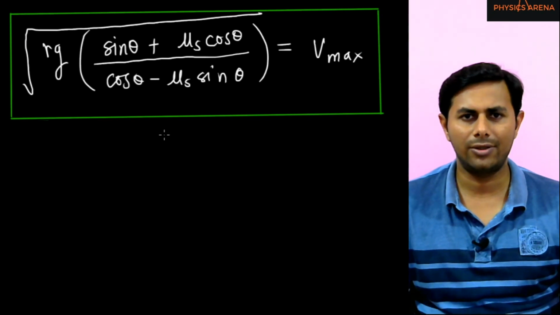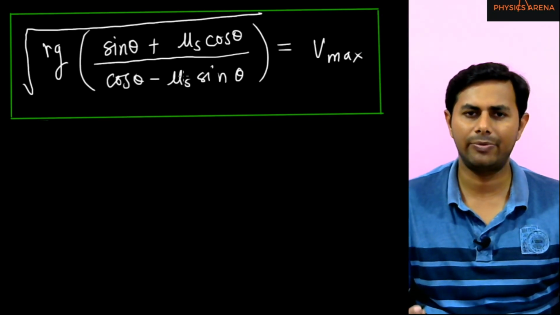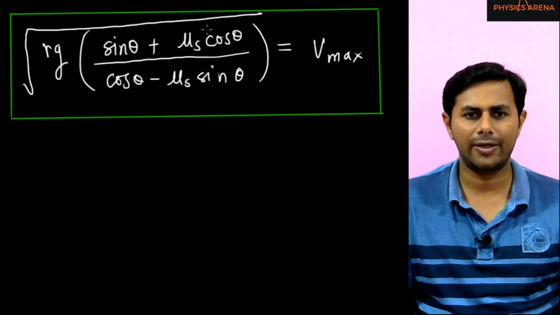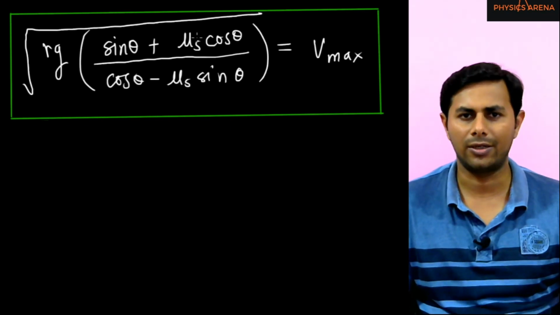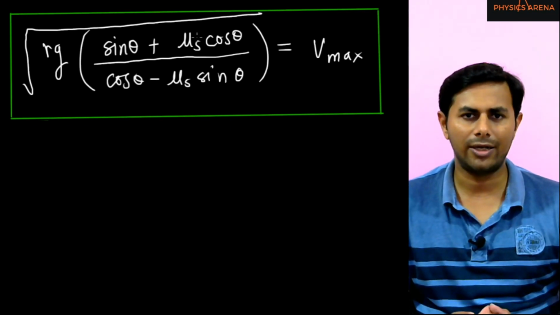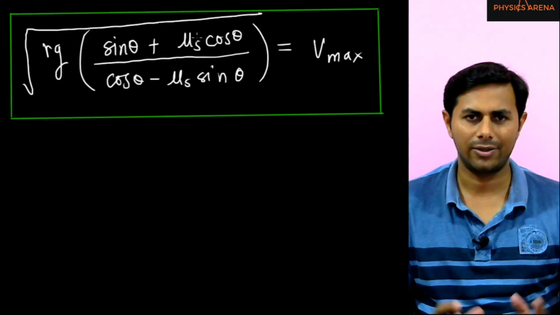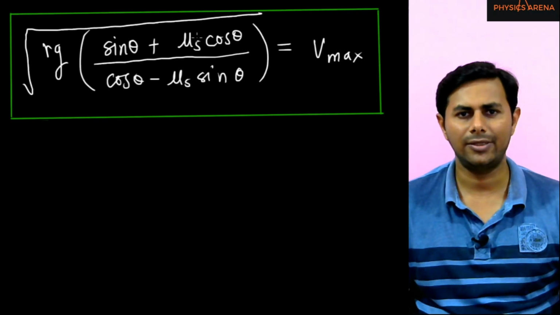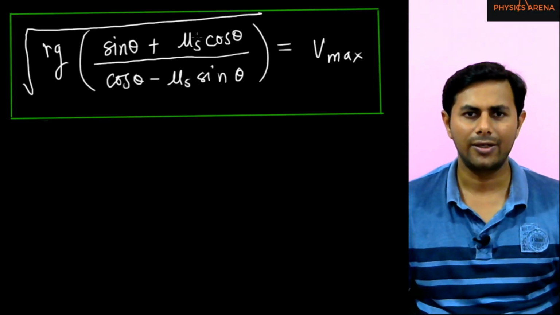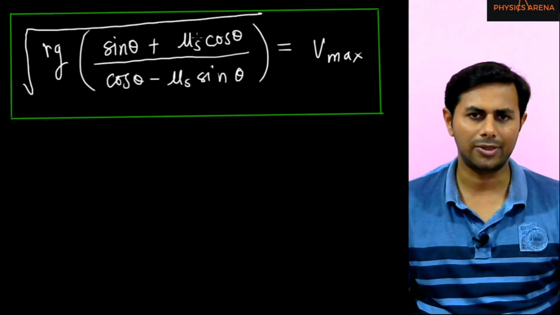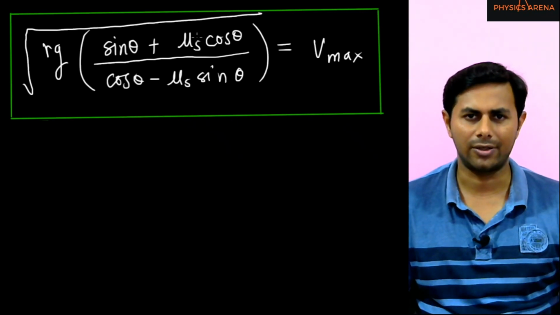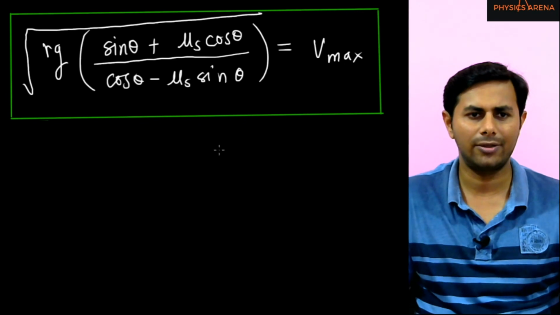Now as I told, even if we neglect friction, so even if I make the coefficient of static friction equal to 0, we are still left with some speed limit. That means the banking of the road provides some necessary centripetal force even in the absence of friction. So let's find that limit.